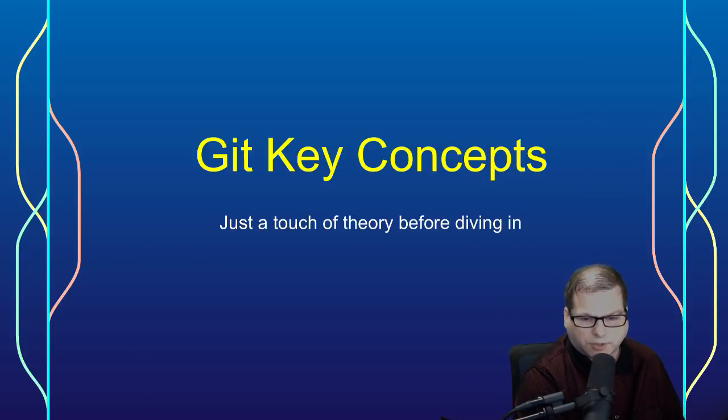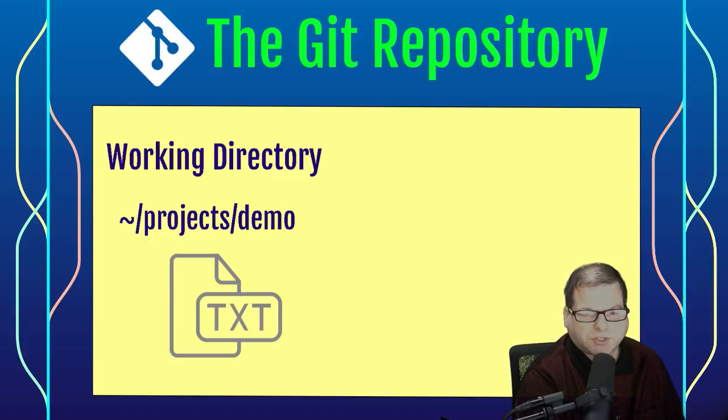All right, let's take a quick look at some key concepts regarding Git before we dive into the examples. Let's start with the Git repository. This is basically the collection of files and folders that's being managed by your source control tool. Now, really the Git repository is two concepts in one. We start out with a working directory, which is really your project folder that is being managed by Git, someplace on your hard drive.